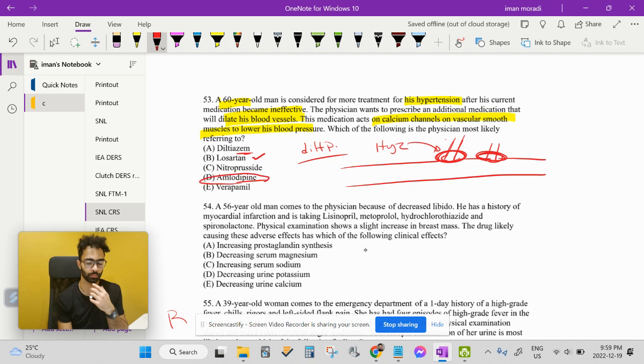Again, losartan, we already know what that is. It's a sartan. It's an ARB. This is a NO producing compound. Captopril is an ACE inhibitor. Diltiazem is, as I said, a non-dihydropyridine calcium channel blocker.